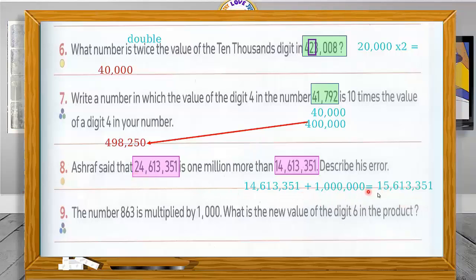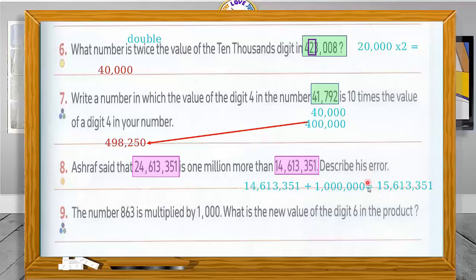Because 1 plus 0 is 1, 5 plus 0 is 5, 3 plus 0 is 3. The first 3 digits are the same, and the second 3 digits are the same. Here in the millions place we have 4 and here we have 1. 4 plus 1 equals 5, and 1 in the 10 millions place plus nothing equals 1.